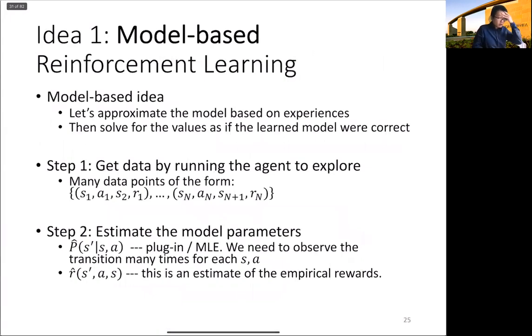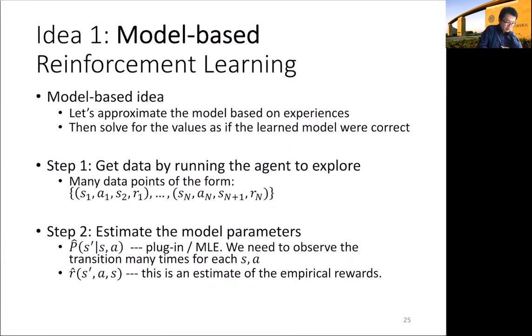So there are several ideas that people had in mind when designing reinforcement learning algorithms. The first one is something that we have already talked about when dealing with the generative model setting. The idea is that we can collect data by running the agent through trials and errors, and then we can get a trajectory of how this agent interacts with the world.